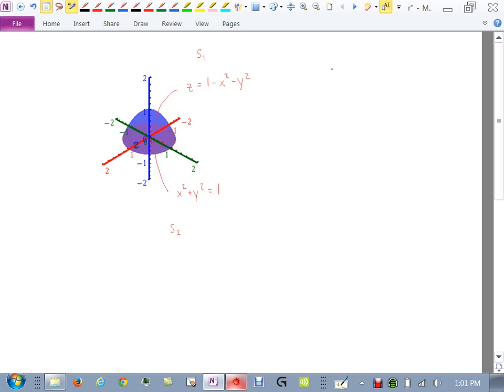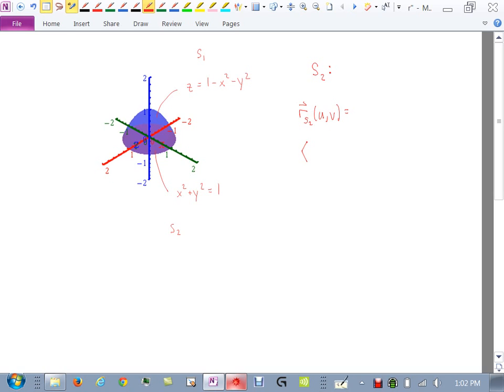The disk is S2. How do we define that disk? I'm going to say R of S2 of u, v. So it's parametric. We're trying to get the parametric equations here.